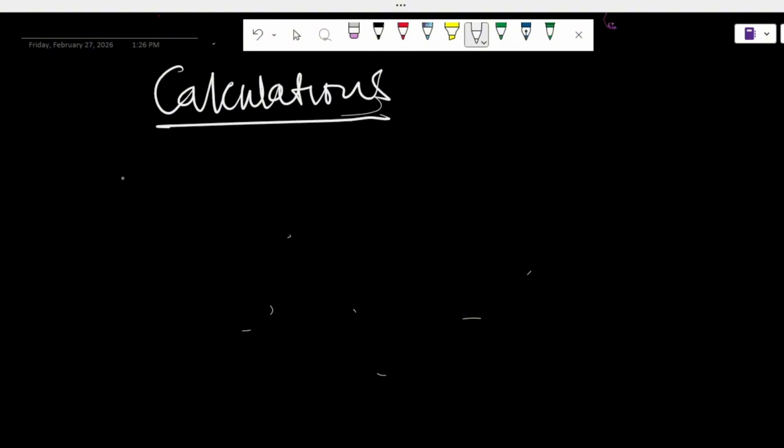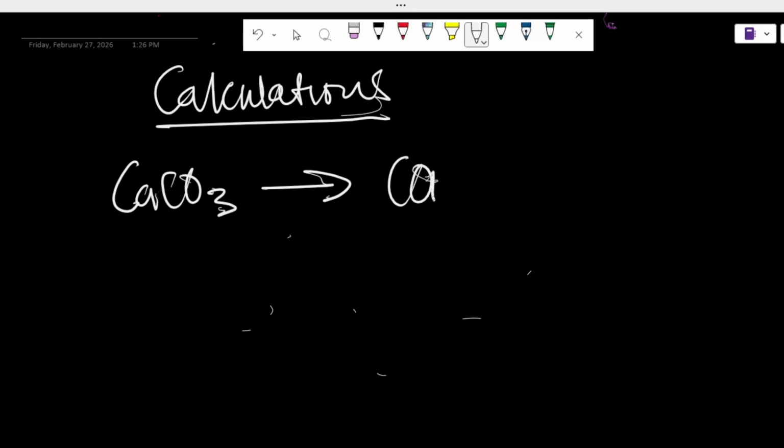Remember that when you look at the formula, mole is equal to mass over Mr, or the relative molecular mass. This is an important formula. So for example, we can give an example. When calcium carbonate decomposes on heating, this is going to produce calcium oxide plus carbon dioxide.